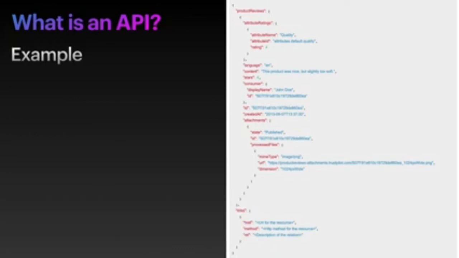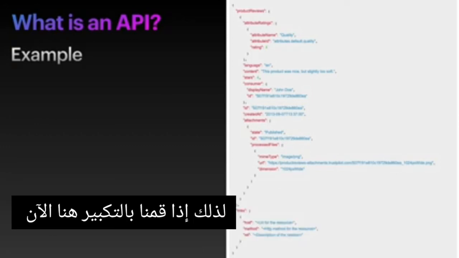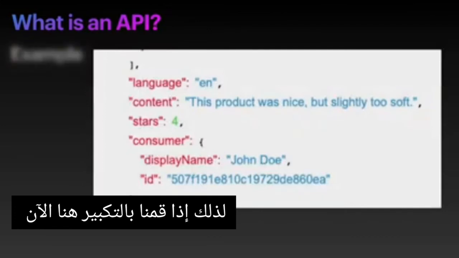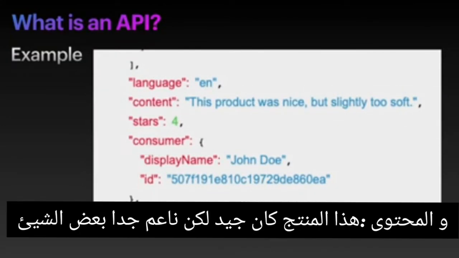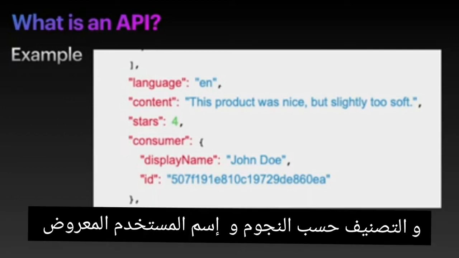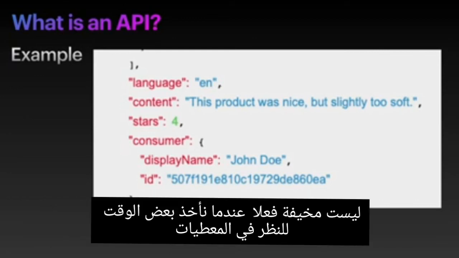So they are usually written in such a way that people can read them and understand them to write them into their programs. So if we take a zoomed in look at something here now, we will see the language of English, so that's EN, and the content, that this product was nice but slightly too soft, and the star rating and the display name of the user who gave it. So it's not so scary when we just take some time to really look at this data.